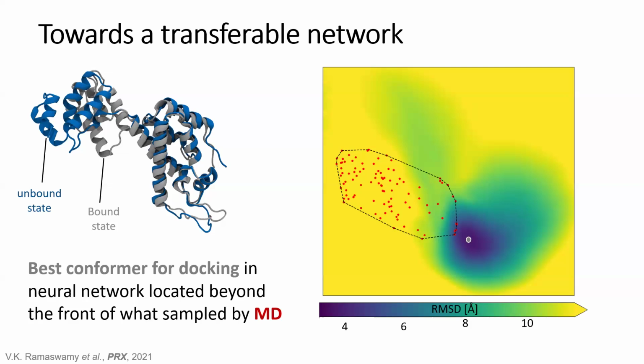So this is essentially local extrapolation. And here I need to put a big asterisk: this is not the neural network discovering a new state. It simply means that if we locally extrapolate, the model does not break right away. We can still generate something that looks like a protein and is still meaningful by pushing out from the front of what we've trained the neural network with.